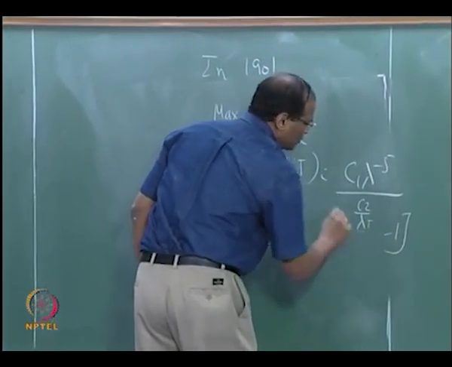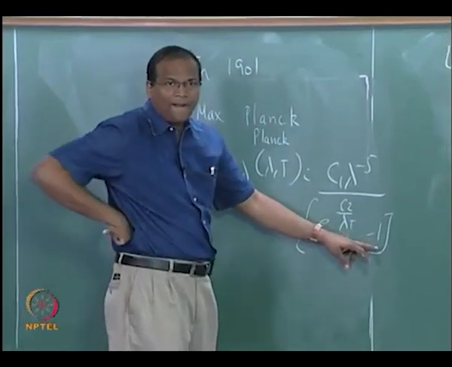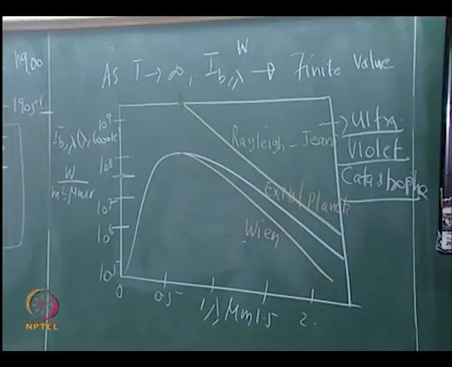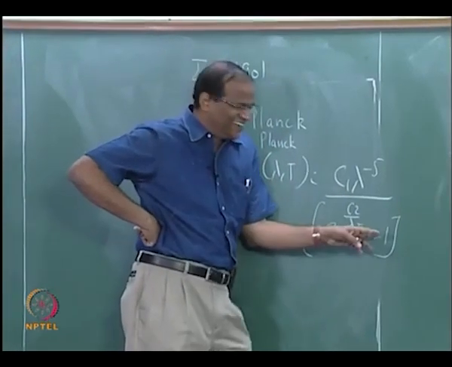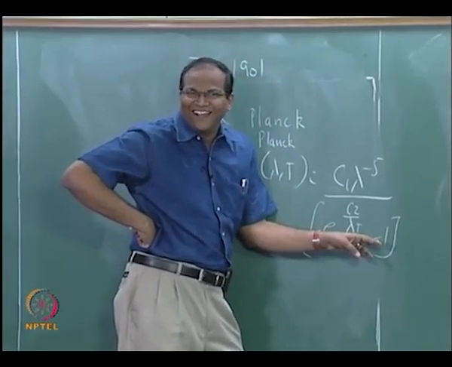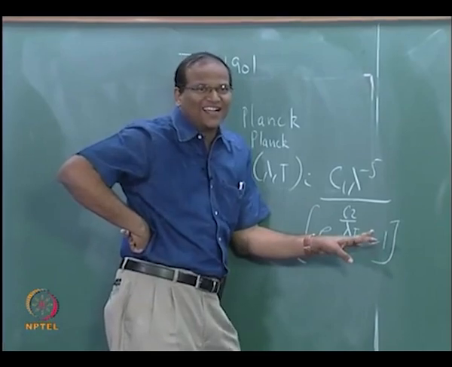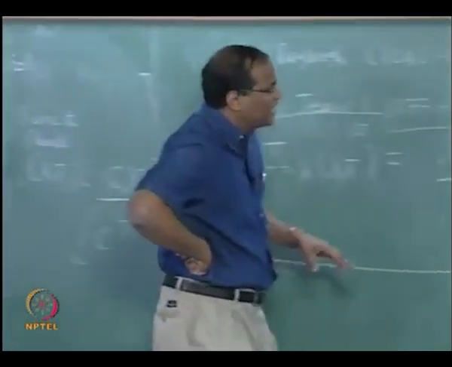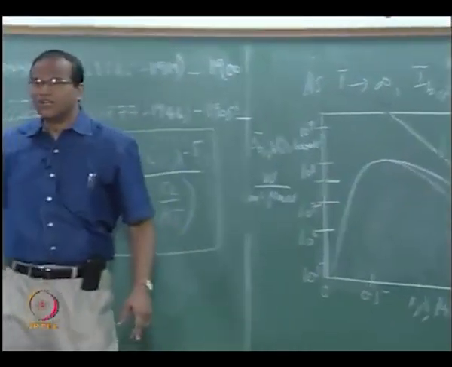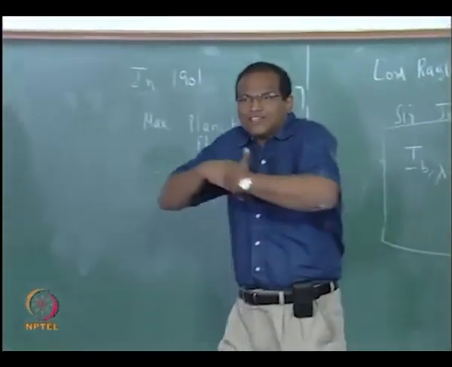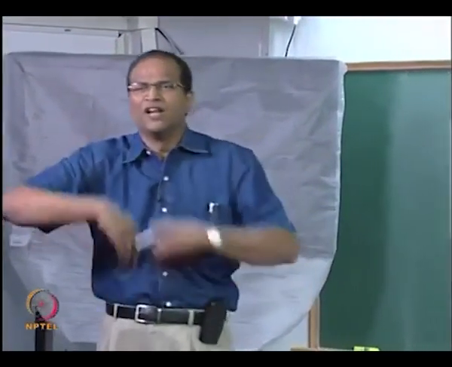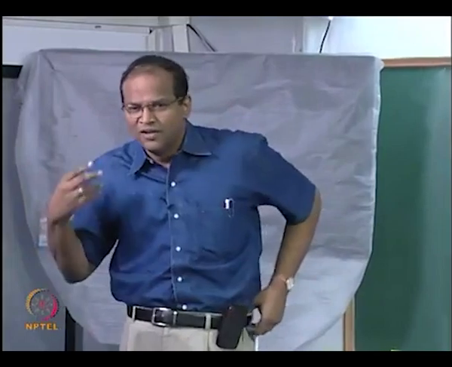He just added minus 1. This is absolute genius. He just added minus 1, and then his distribution agreed beautifully well. It was showing excellent agreement with the I_b lambda distribution. For any temperature, at all wavelengths, it gave very good agreement.